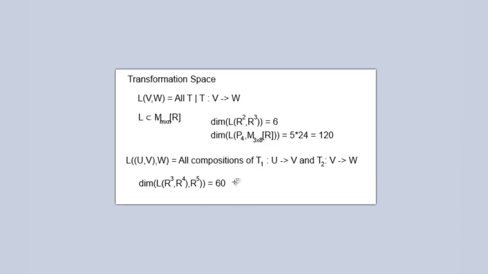So these two, 120 dimensions and 60 dimensions, are pretty big spaces. An element of this space would have 120 components of information, so it's very detailed and very compact.